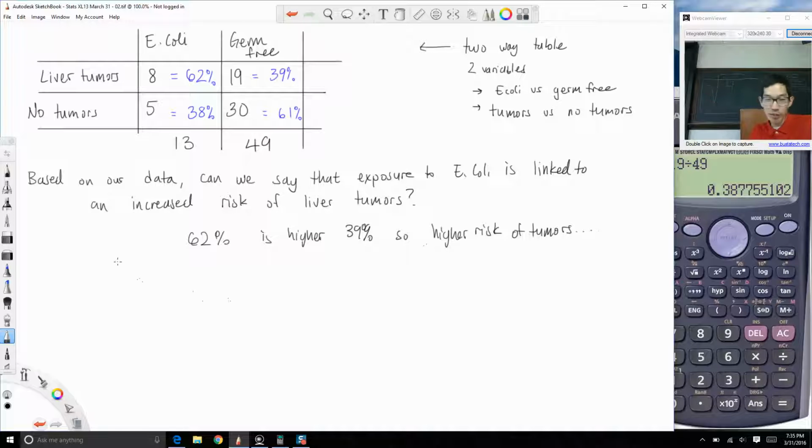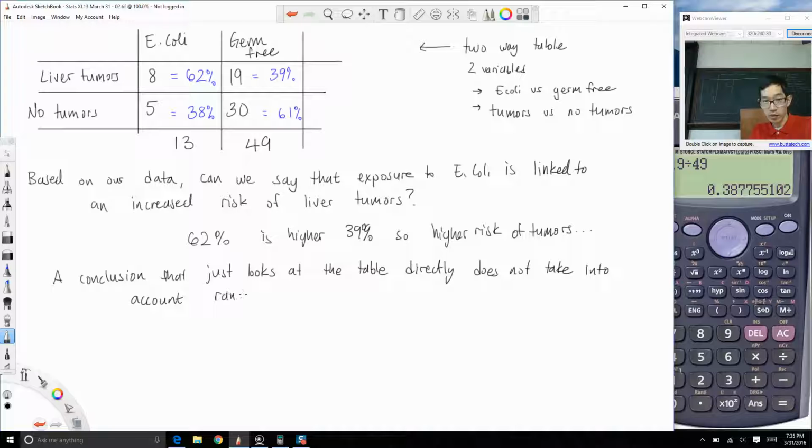Okay, so a conclusion that just looks at the table directly does not take into account random chance. Okay?